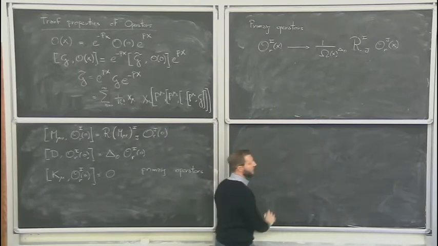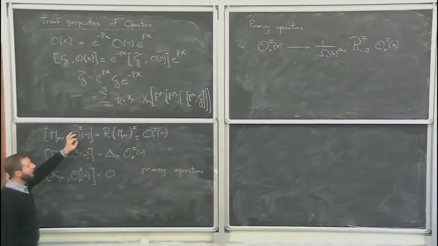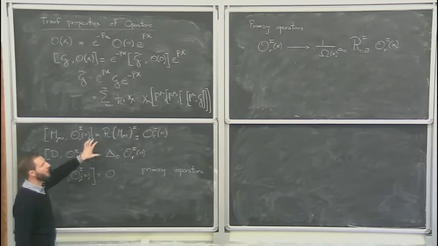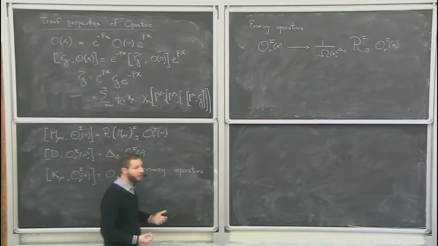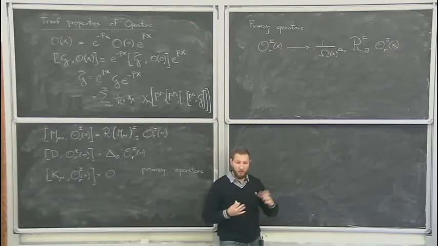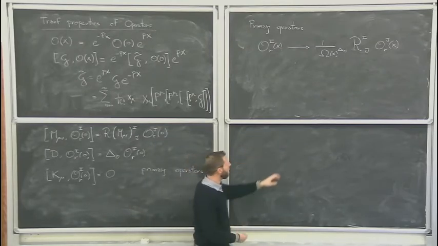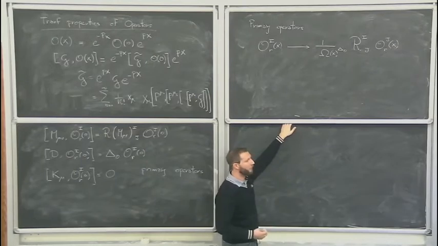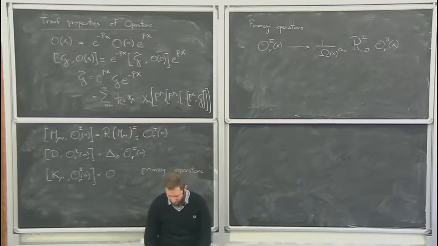And because any descendant can be obtained from a primary operator simply taking commutation relation with P, or if you want derivatives with respect to the coordinate, then it's sufficient to understand the generic form of a correlation function of primary operators, because all the others can be obtained just by taking derivatives.